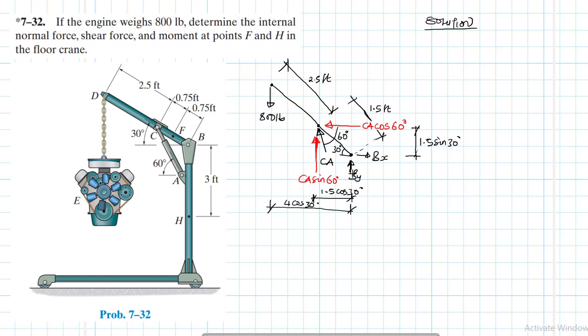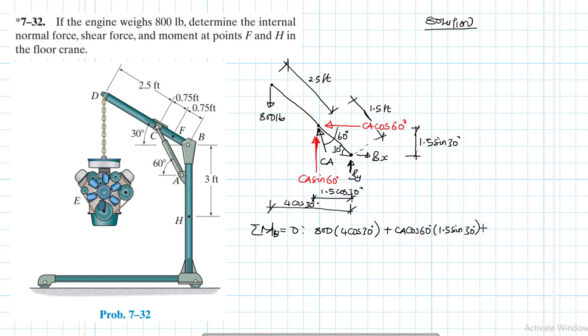Let's quickly determine BY and CA. So let's take moments about B. So we'll have summation of moments about point B equal to 0. What do we have? We have 800 by 4 cos 30, then plus CA cos 60 by 1.5 sine 30, okay.